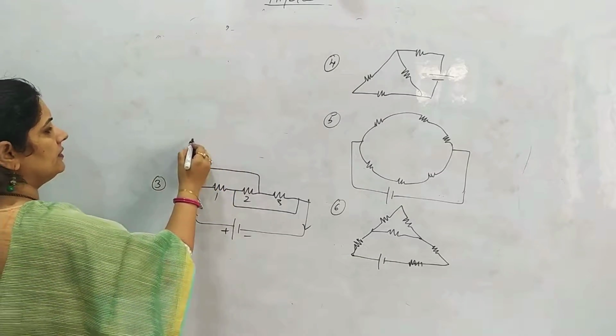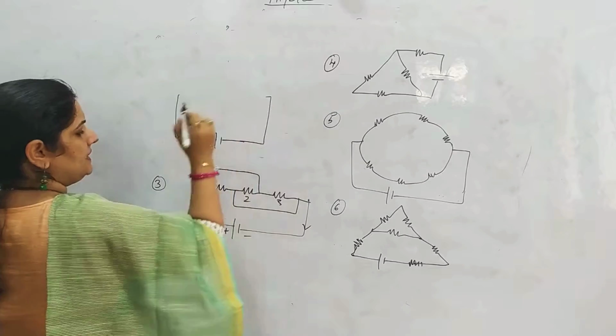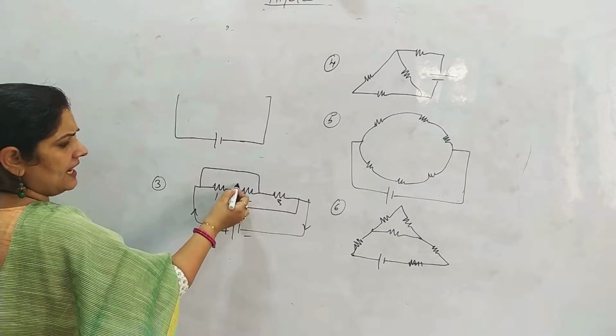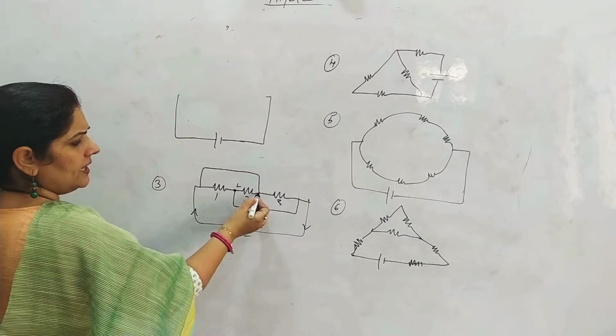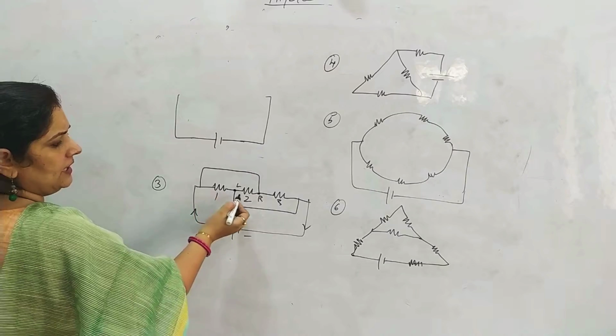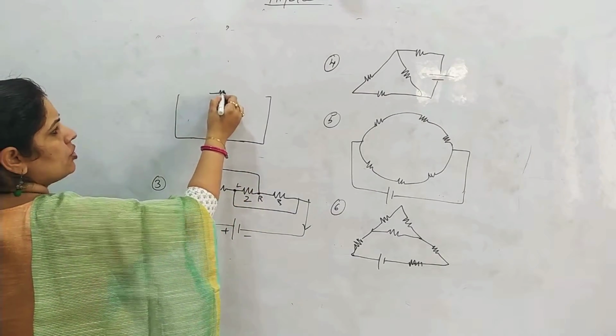See, I am simplifying the given circuit. If you look at resistance number 2, the left part is connected to 1 and the right part is connected to 3. So let us draw this here.